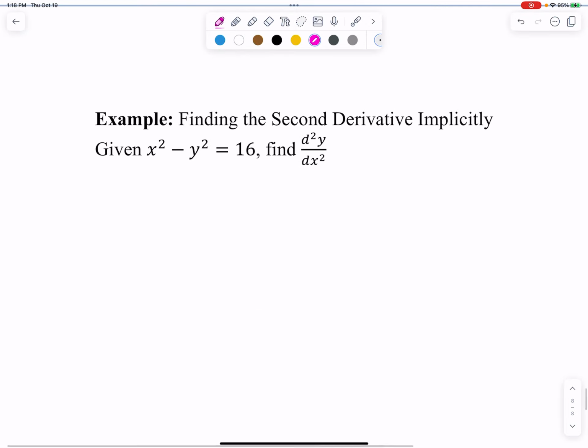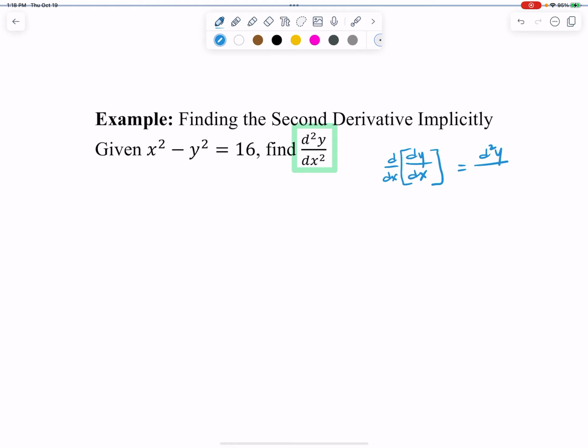So this notation represents the second derivative, and the way that you could think about it is that if we have dy over dx, then the second derivative is the derivative of that, so using the notation to indicate that we're taking the derivative of the derivative, that would end up being this d squared y over dx squared. I know parentheses aren't used, but this is the notation that we use for the second derivative in the Leibniz notation.